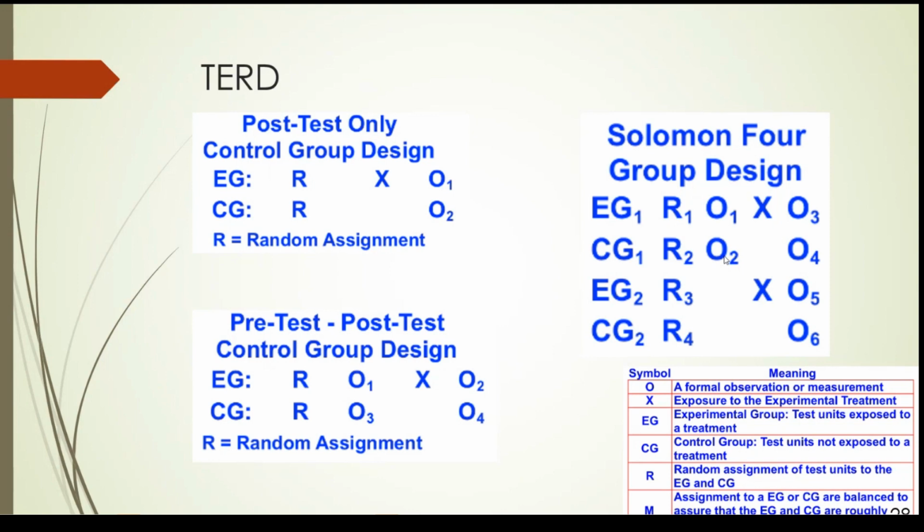Okay, apart from Solomon four-group design, we have post-test only. That means, you see, for the experimental group and control group, we only do the testing afterwards, not before. Whereas for pre-test, post-test, control group design, we have an experimental group and control group, but we do the testing before as well as after. Now, how is this different from pre-experimental research design?